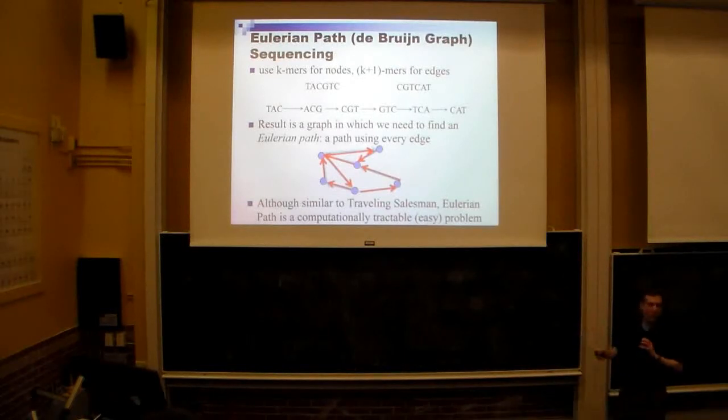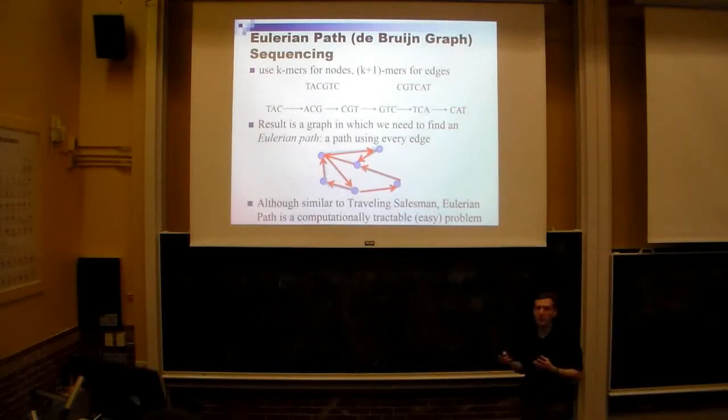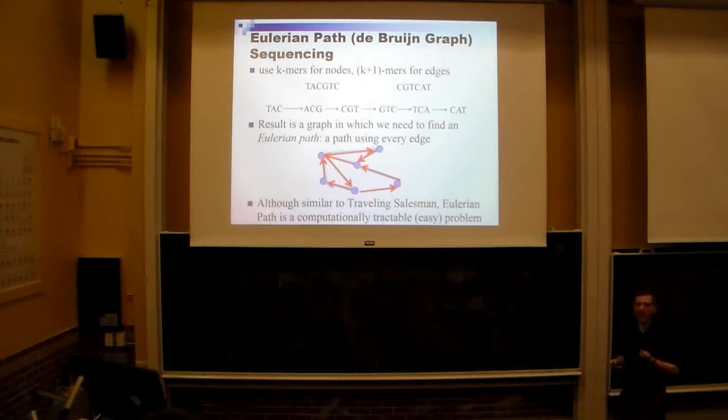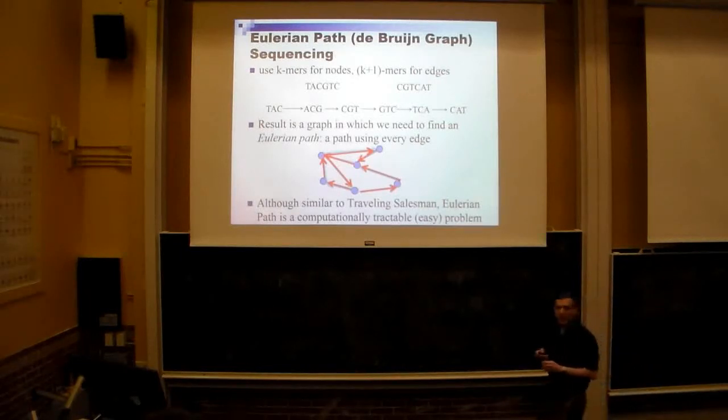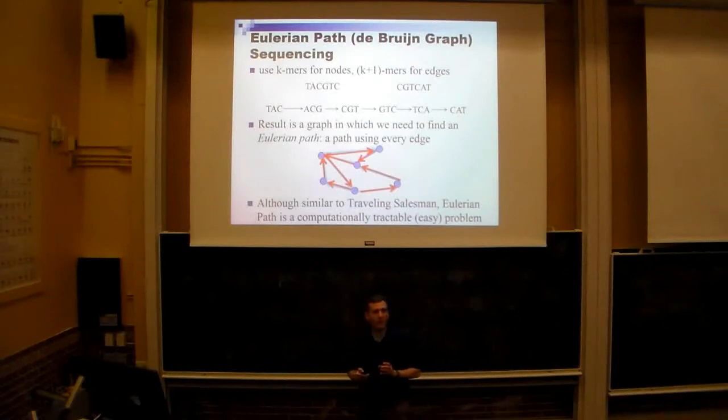This kind of technology will take us back to something we can use for bacterial sequences, but it's not going to work well for something like a human eukaryotic sequence. This is going to get hung up on repeats that are much shorter than the ones that even the traveling salesman versions of this problem could handle.